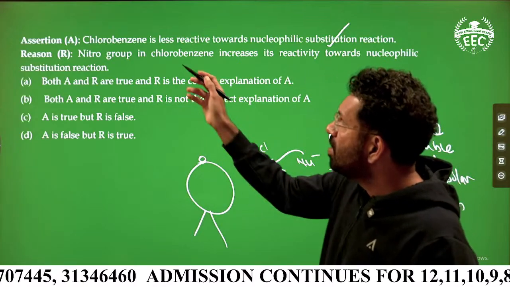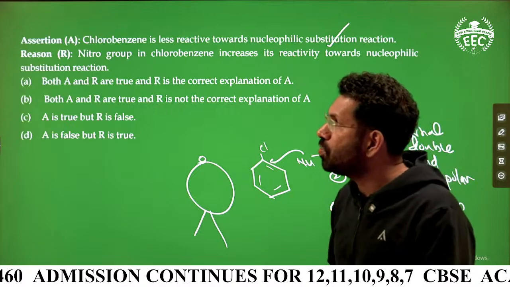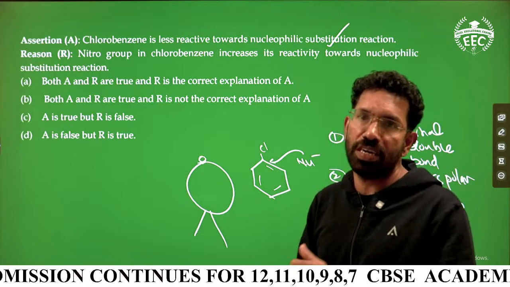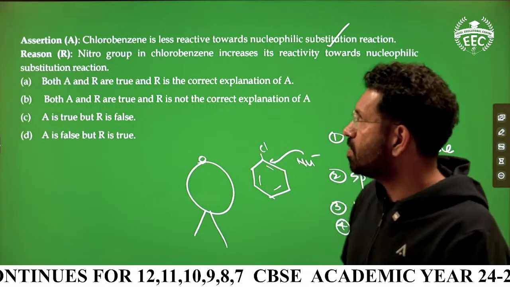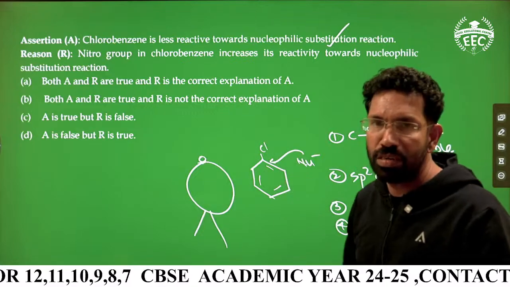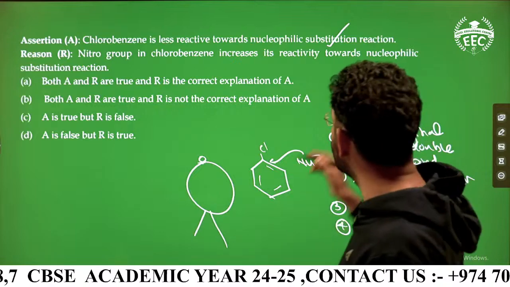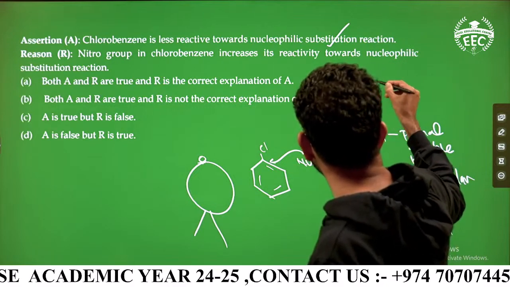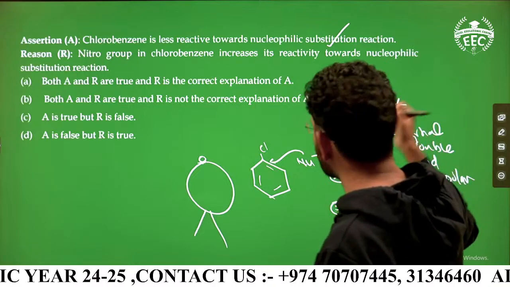Yes. Nitro group in chlorobenzene increases the reactivity towards nucleophilic substitution reaction. Tell me what's your opinion. Yes, we studied this before, in 12th standard. Presence of electron withdrawing groups. Which are the electron withdrawing groups? NO2 is electron withdrawing. CN is electron withdrawing. Halogen is electron withdrawing.